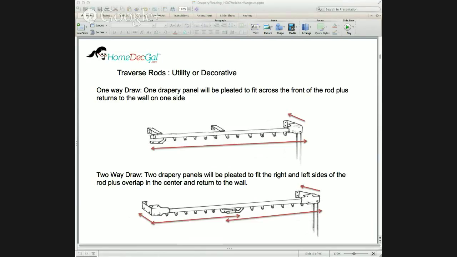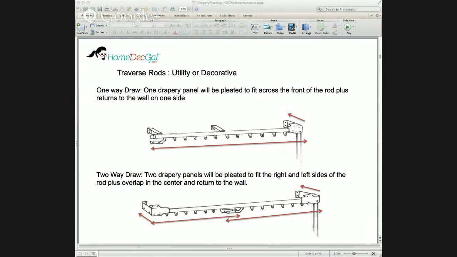Okay, so we're going to start with traverse rods, and that would be the utility or decorative traverse rod. The example here is a one-way draw. I'm just showing you what they are visually so you'll get it. One-way draw draws all to one side and has one return on one side. And then a two-way draw is two panels, and they're pleated to fit the left and the right sides.